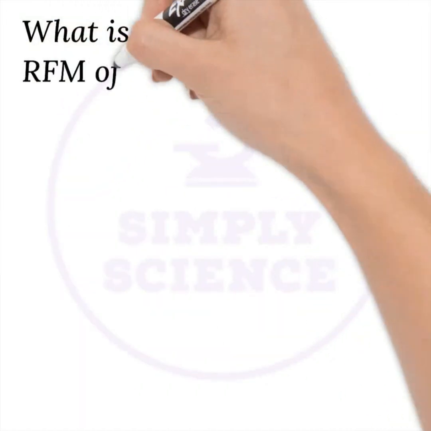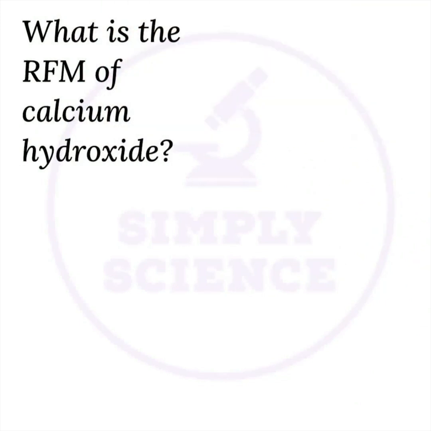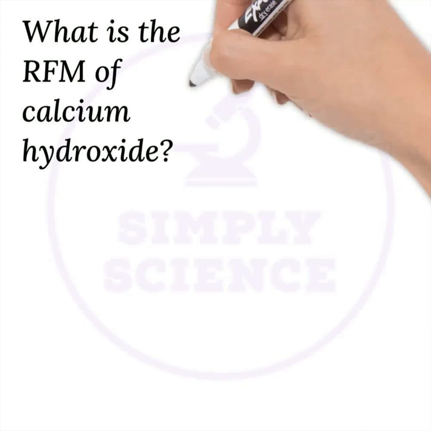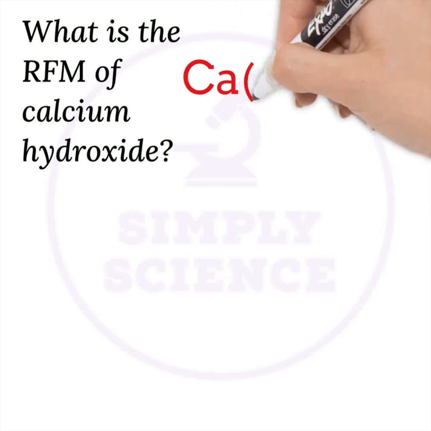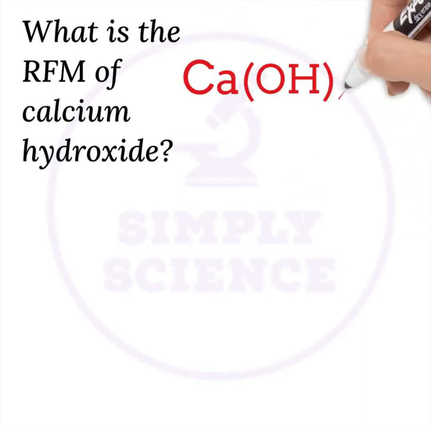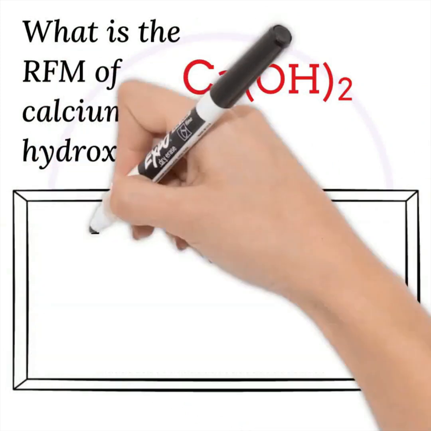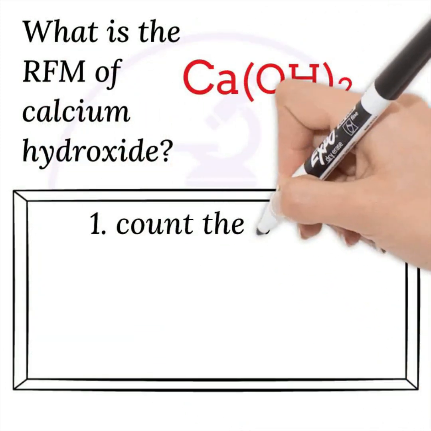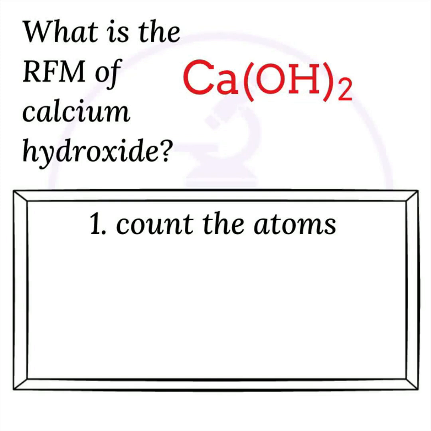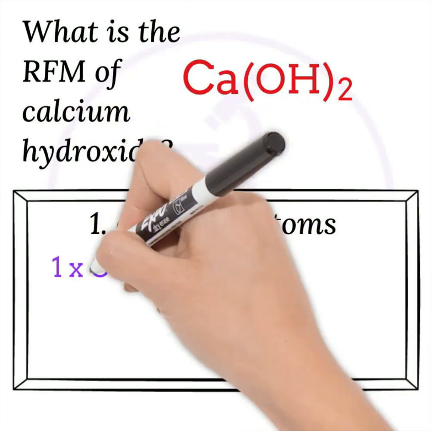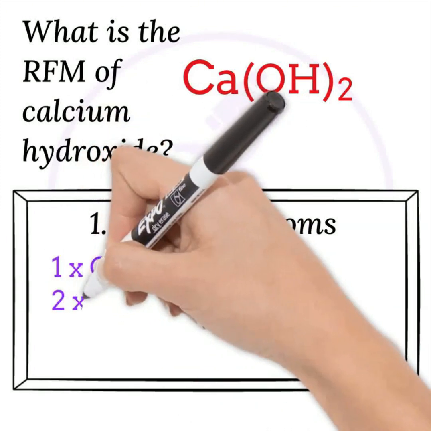What is the relative formula mass of calcium hydroxide? Again, the first step is to write the formula of the compound. Then the atoms in the compound are counted. Calcium hydroxide has one calcium atom, two oxygen atoms and two hydrogen atoms.